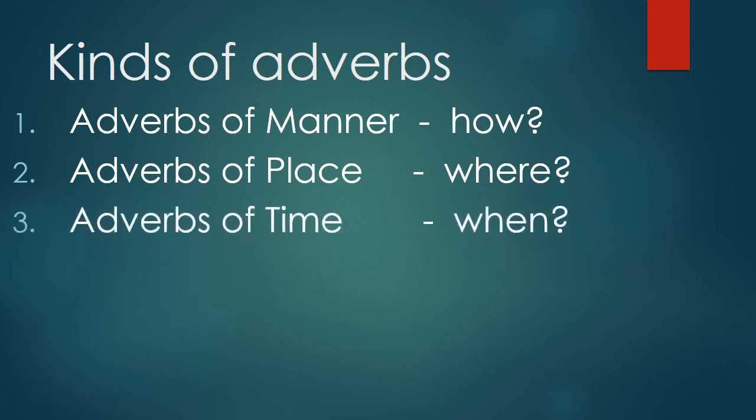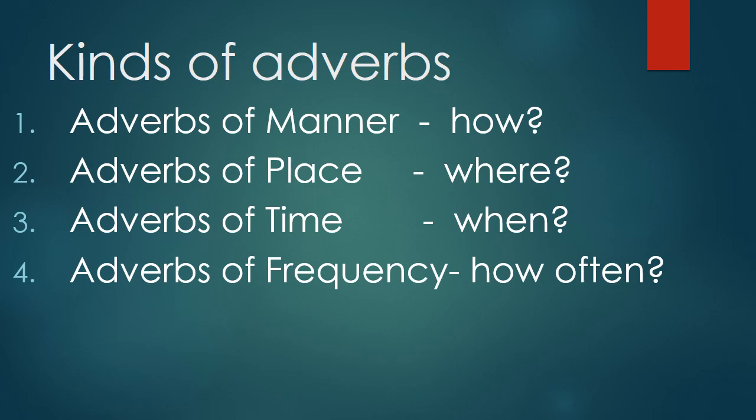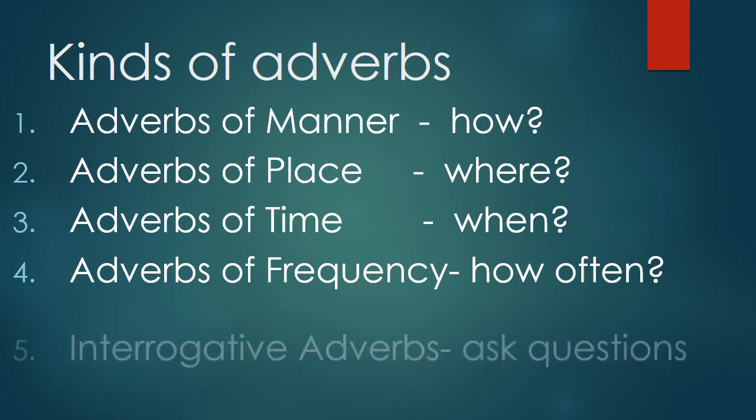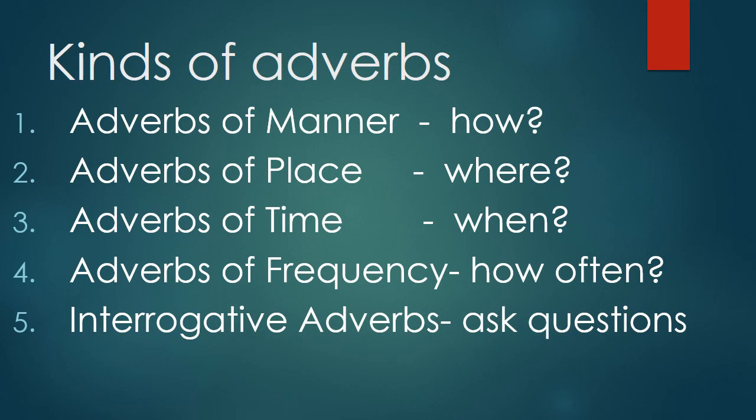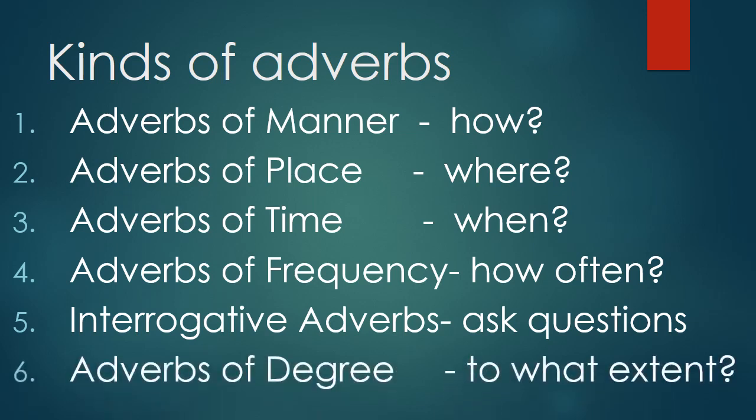Then adverbs of time, here we get the answer of when. Then adverbs of frequency, here we get the answer of how often. Fifth, interrogative adverbs, here questions are asked. Then adverbs of degree, which answers in to what extent.